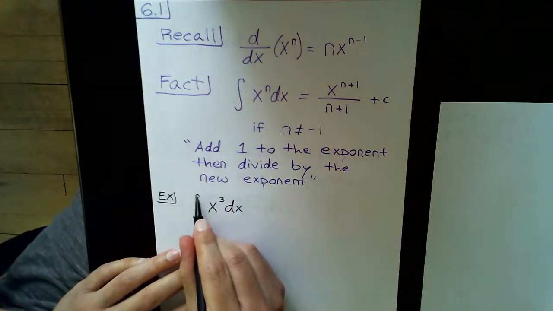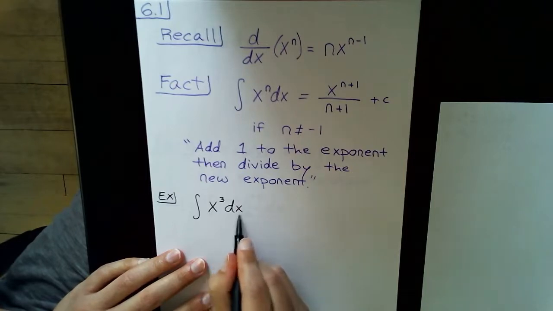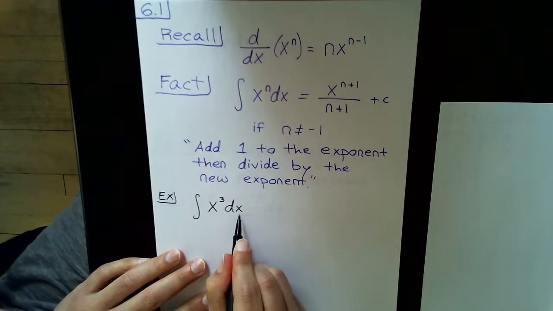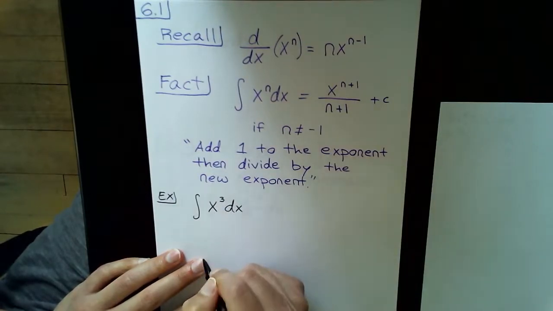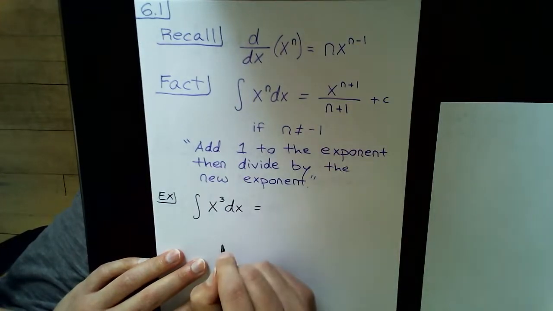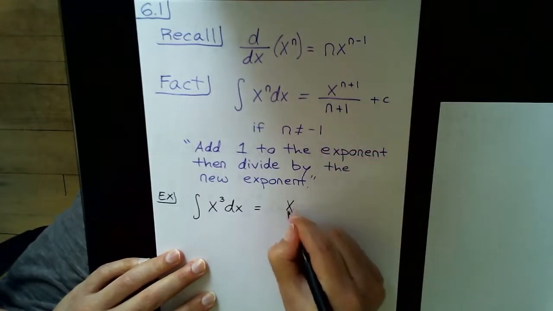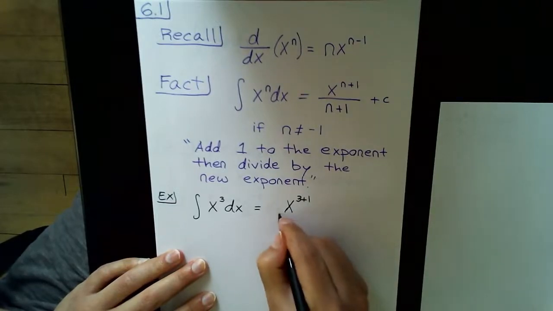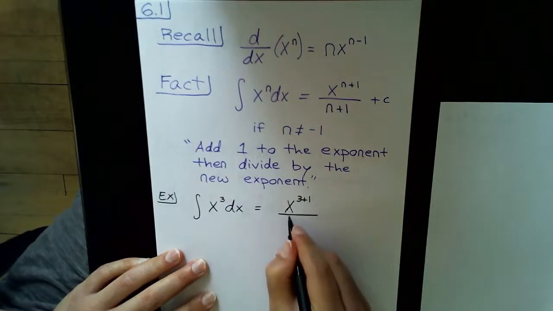We have the antiderivative of x cubed dx. Again, always remember this dx is just telling us our variable. So x is the variable. We're finding the antiderivative of x cubed. So to find the antiderivative of x cubed, again, we start by adding 1 to the exponent, x to the 3 plus 1, and then we divide by the new exponent.